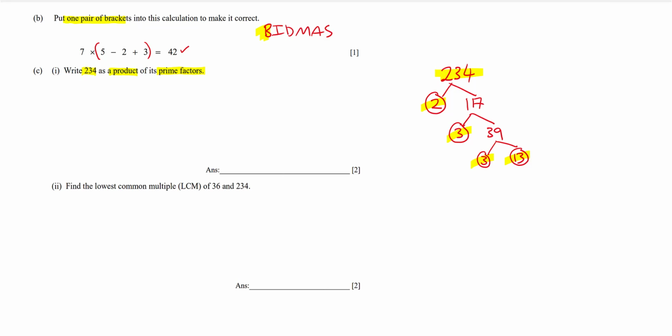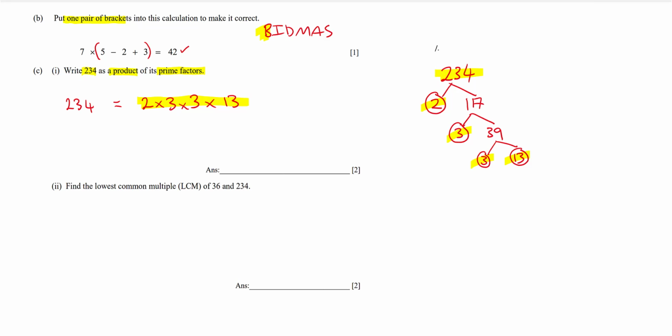Therefore, 234 as a product of its prime factors is equal to 2 times 3 times 3 times 13. So these here are all prime numbers, and you can use your calculator to check that that does equal 234. That's always a good way to check your answer.